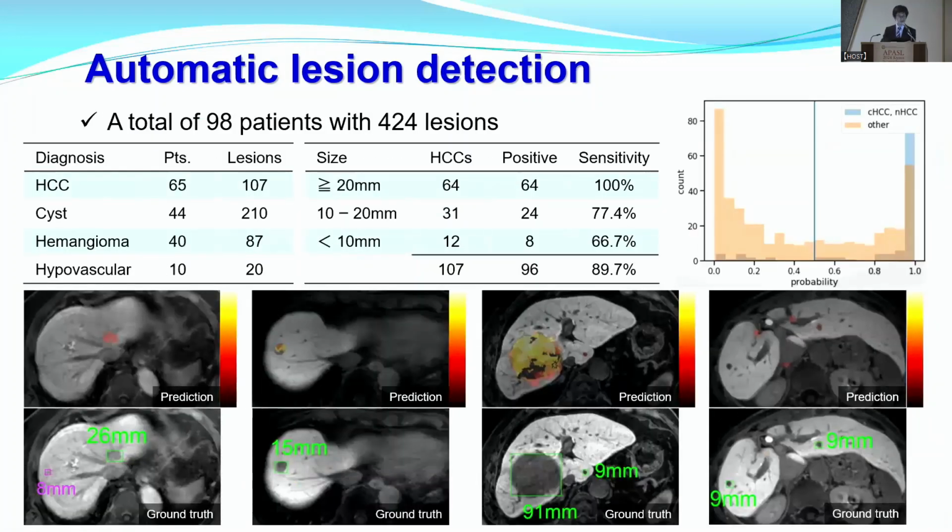So a total of 98 patients with 424 lesions are included in this trial. And the gold standard diagnosis of the focal lesion is as shown on the slide. So when accounting for the large regions, higher sensitivity has been achieved for this AI model.